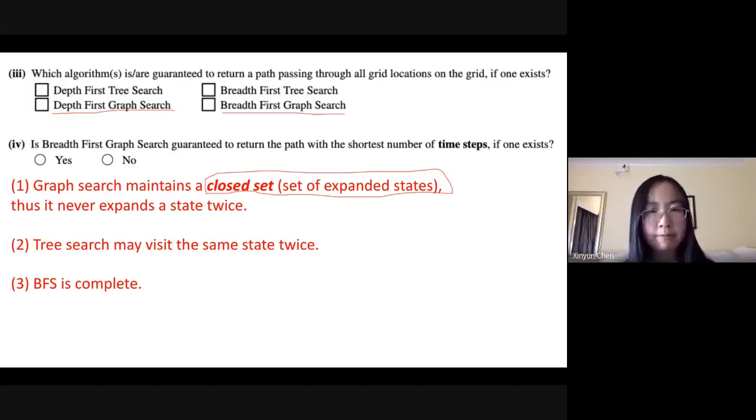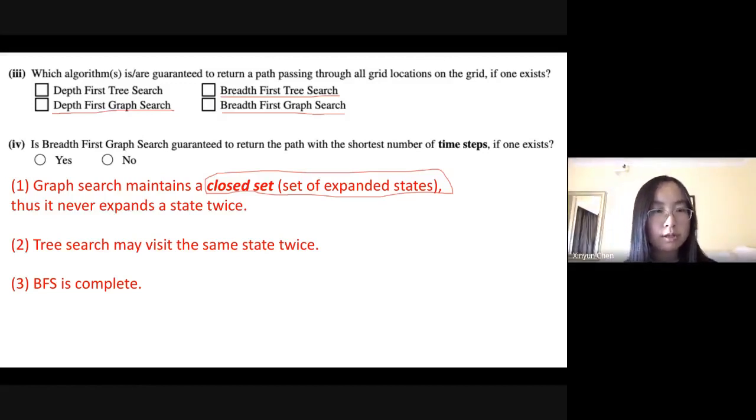From all possible states of this problem, we know for each state the minimal number of steps we need to take from the start state. So when we use breadth first tree search, or usually we just call it BFS by default, this is also guaranteed to return a path.